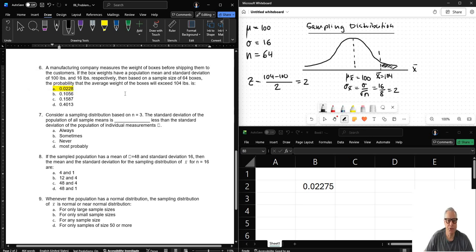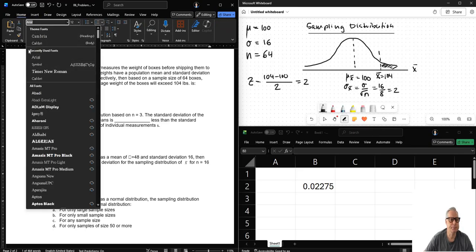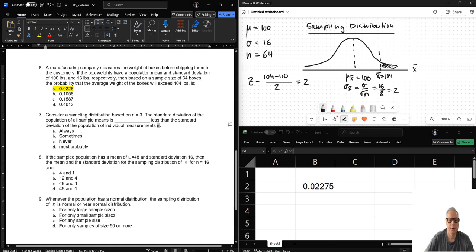Consider a sampling distribution based on n equals 3. The standard deviation of the population of all sample means is blank less than the standard deviation of the population of the individual measurements, and that's probably a sigma here. Let me just quickly fix this and turn that into a sigma. Well, and that is always the case. Why?